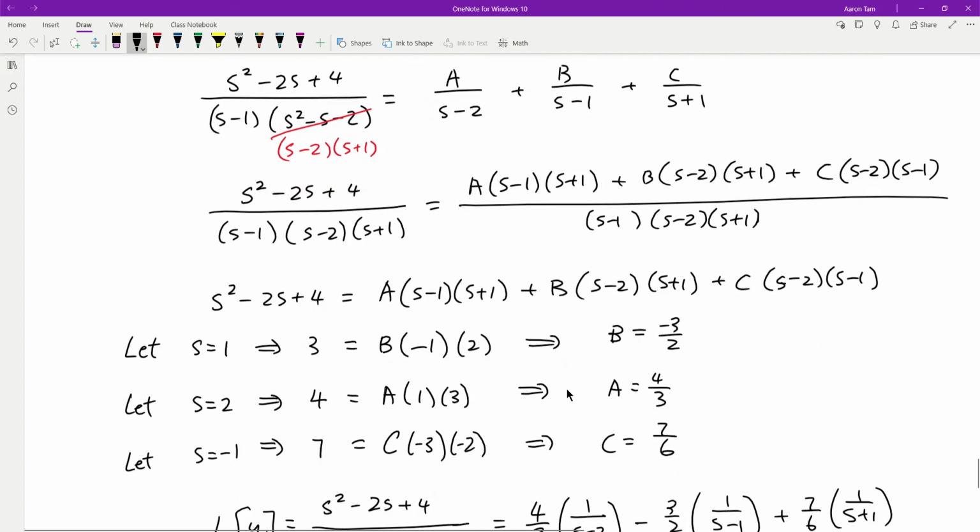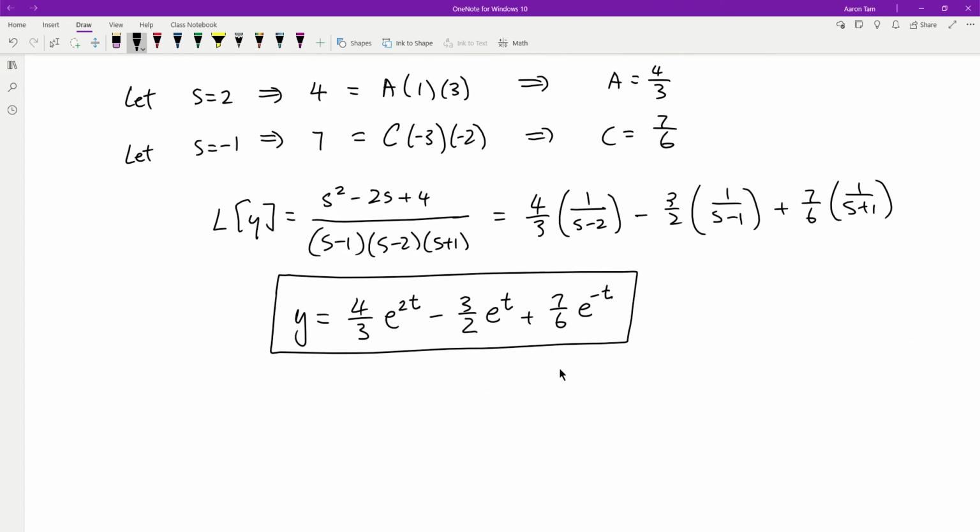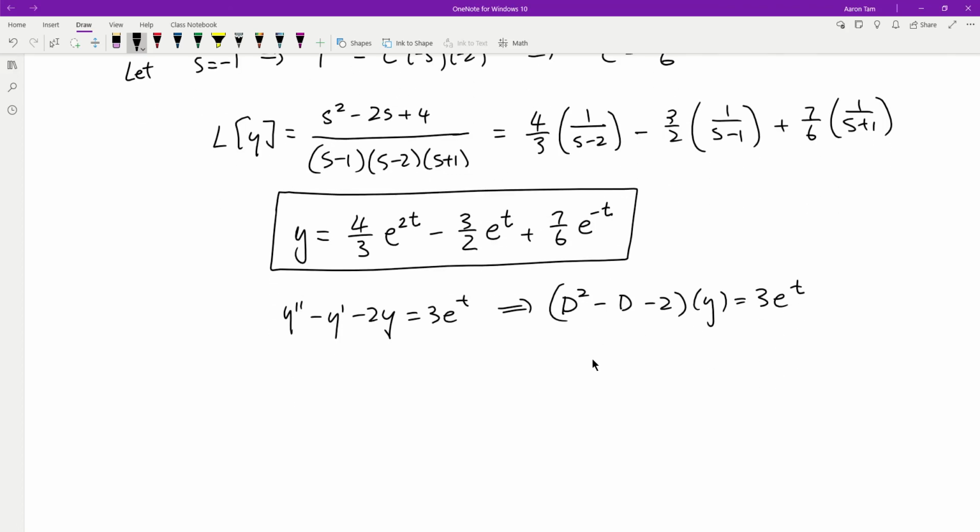All right. So now comes another kind of same question. Our differential equation is y double prime minus y prime minus 2y equal to 3e to the t. So therefore I can say this is d squared minus d minus 2 of y equal to 3e to the t. So once again, same exact question I asked on the last problem.